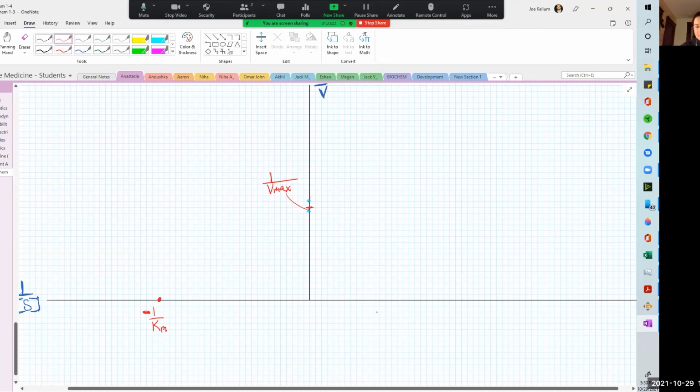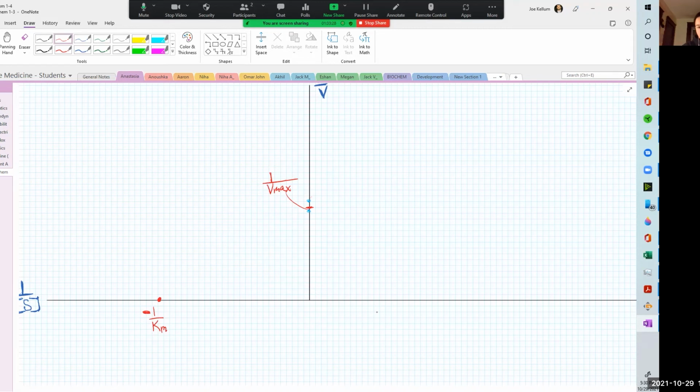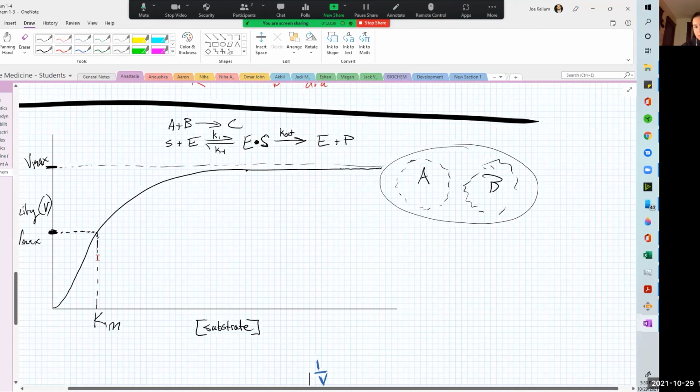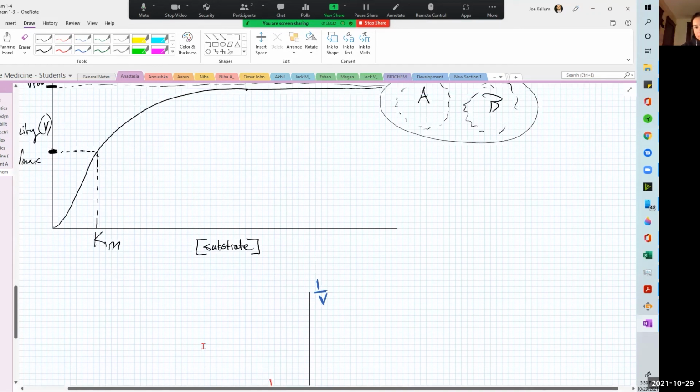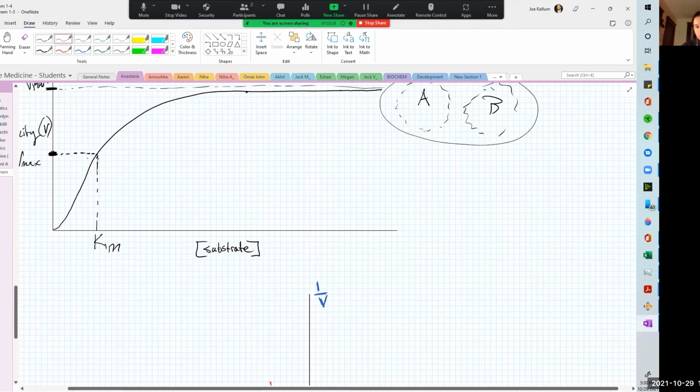However, if you remember, Km is a substrate concentration, because if we look at these other graphs, Km is just a substrate concentration. Specifically, this point right here, if we were to do the XY coordinates for it, the X coordinate is Km, and the Y coordinate is 1/2 Vmax.